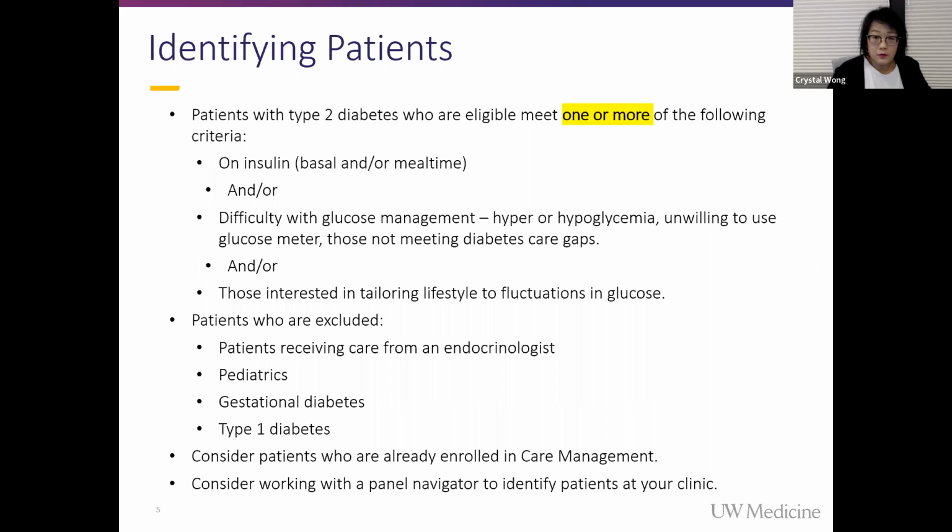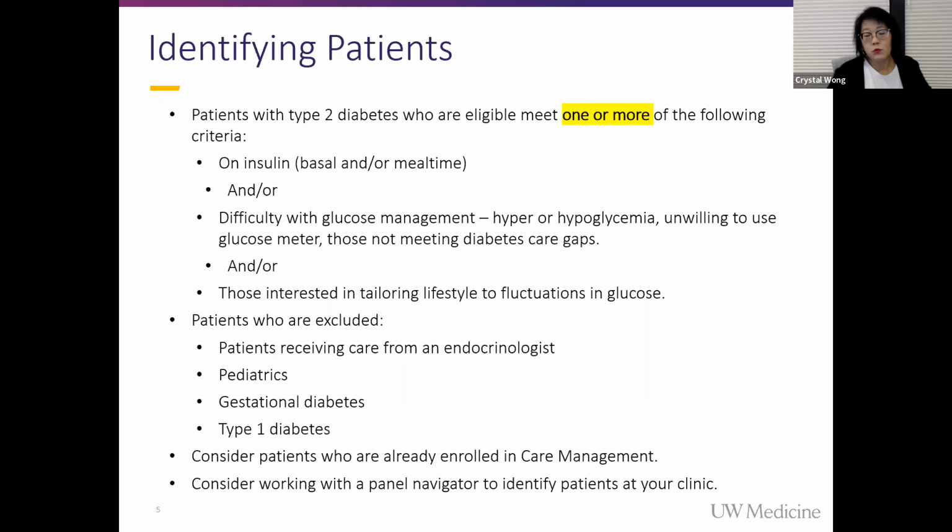They could be on insulin, which I think is maybe the most typical patient for CGM, but they don't have to be on insulin. They could be someone who is just having difficulty with glucose management, and that is hyper or hypoglycemia. These could be patients that, for years, have refused to poke their fingers. This is actually a really great fit for patients that have some barriers to using traditional glucose monitoring.